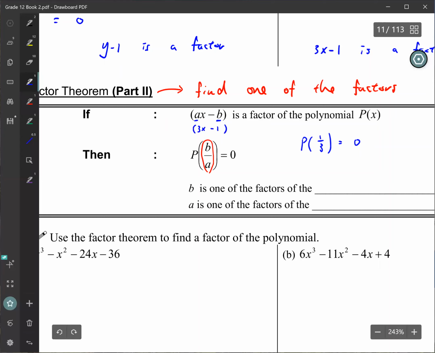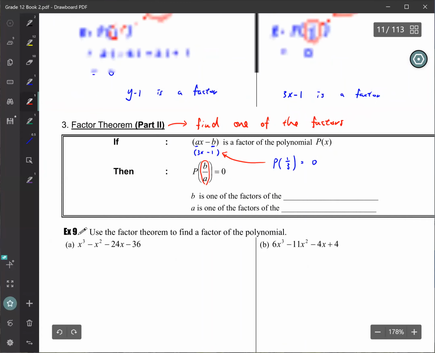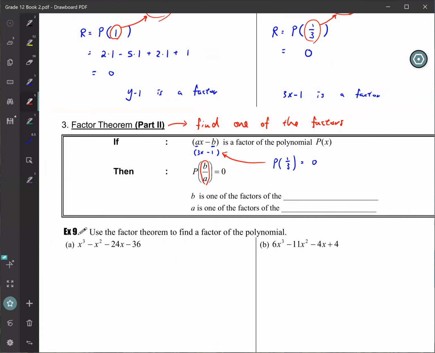We're trying to go backwards. All right, now the choices for a and b. You need to write this down: b is one of the factors of the constant term.